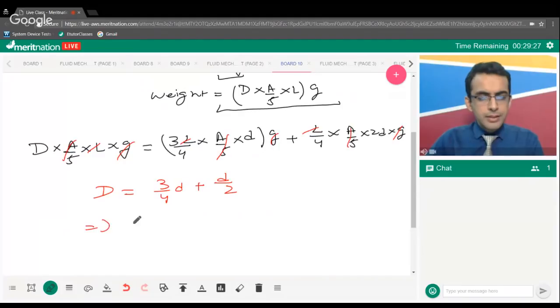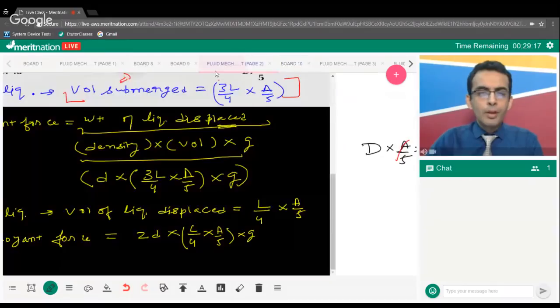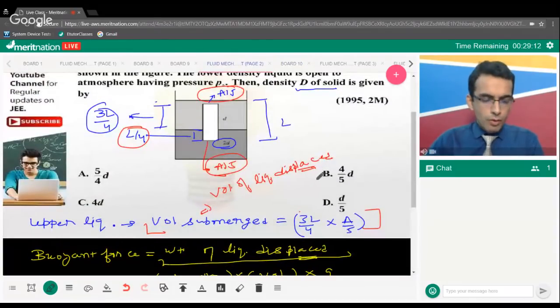And that implies capital D is equal to 5 small d by 4. So that is the final answer, right? So which one was correct? So B, sorry, A was the correct option.